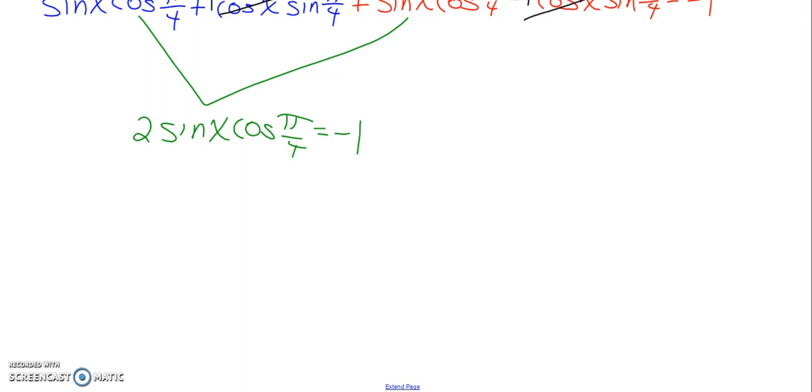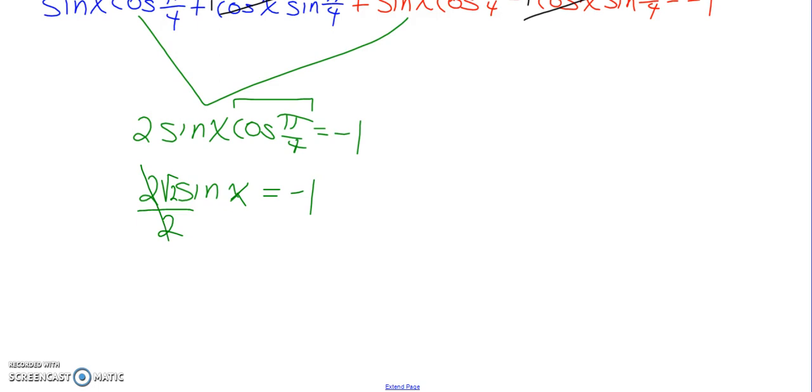And I'm still not going to do an operation to both sides because I know the cosine of pi over 4 right off my unit circle. I know that is radical 2 over 2. Normally, you don't write the radical 2 over 2 here at the end. What I'm going to do is I'm going to write that radical 2 over 2 right in front. Radical 2 over 2 sine x equals negative 1.